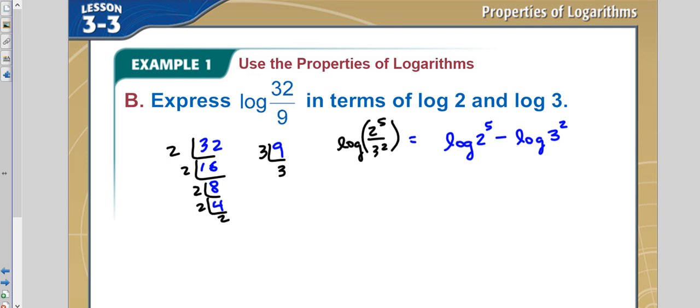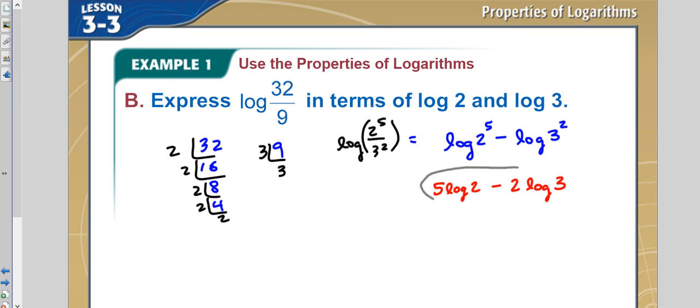And now I would do the power property. Move the power up front. So I have 5 times log of 2 minus 2 times log of 3. And this would be my answer.